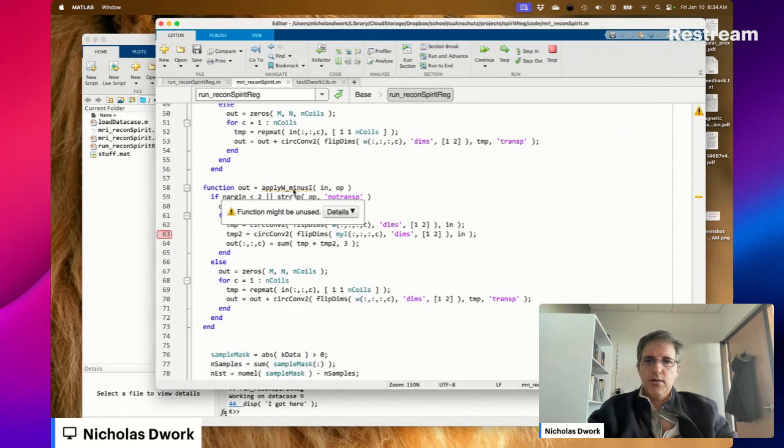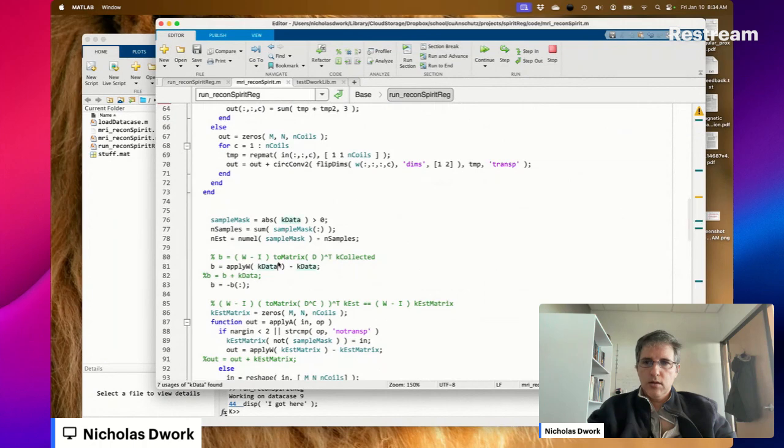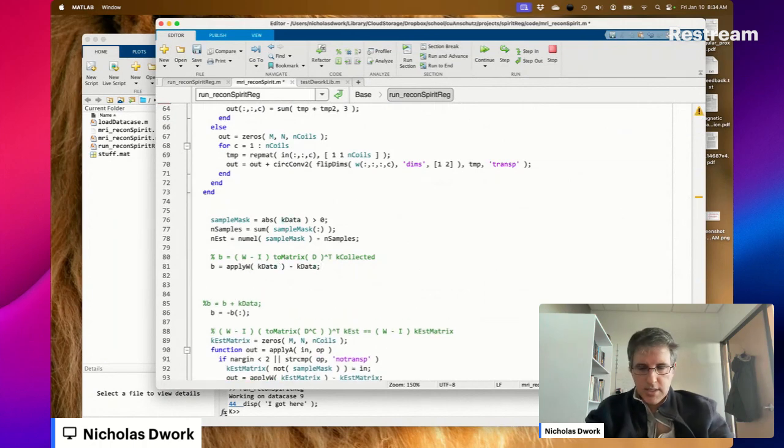Okay. So we're just going to do it with B. We're going to test it with B, of course. B2 is equal to applied W minus I, K data, fine.